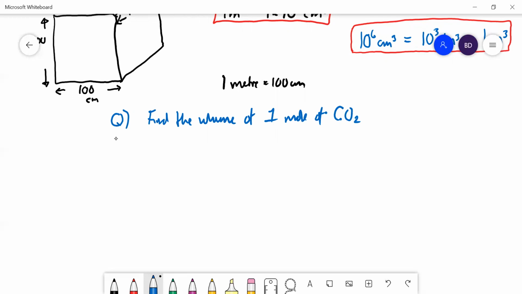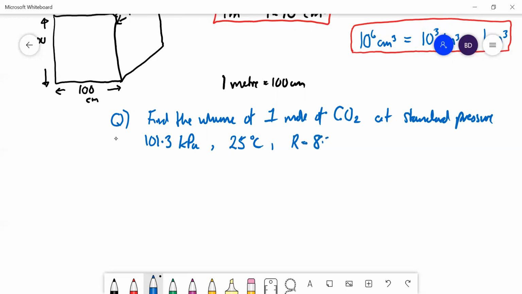Right, 1 mole of CO2 at standard pressure, which is usually 101.3 kilopascals, let's say at 25 degrees C. And you're told the value of R is equal to 8.31 joules per mole per Kelvin. Okay, so put our equation down. PV is equal to nRT. We need to find V, so we're going to rearrange to nRT over P.